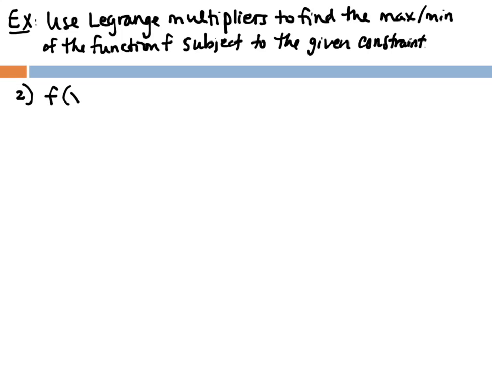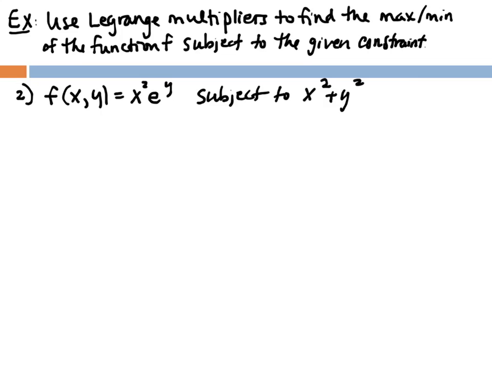Our function on number 2 is f of x y equals x squared e to the y, subject to the constraint x squared plus y squared equals 3.